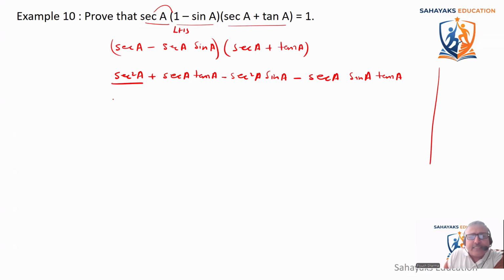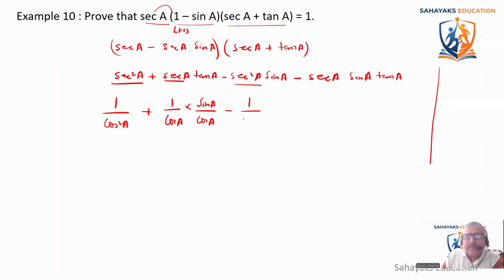So sec square A, we can write it as 1 divided by cos square A plus sec A. Instead of sec A, we'll write 1 by cos A, and instead of tan A, we'll write sin A by cos A, minus sec square A, we'll write 1 by cos square A into sin A, minus, instead of sec A, we'll write 1 by cos A into sin A, and tan A we'll convert to sin A by cos A. Okay, so let's write it again.